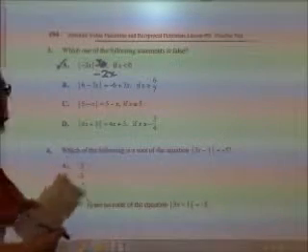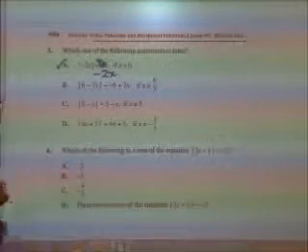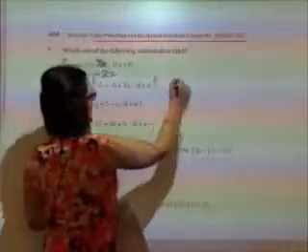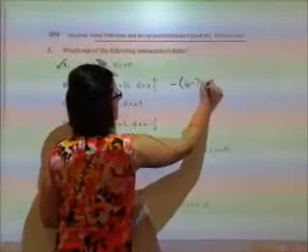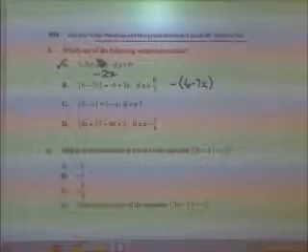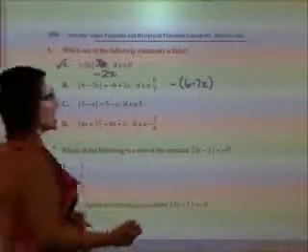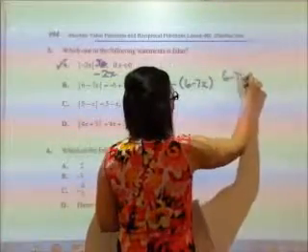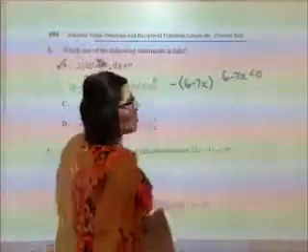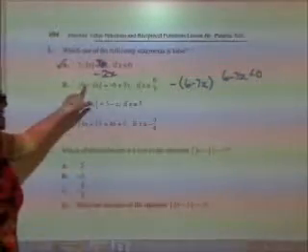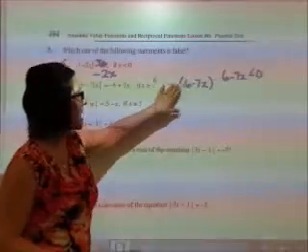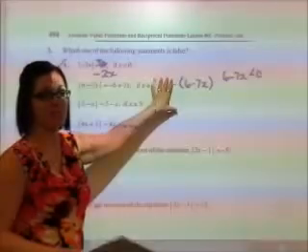The absolute value of 6 minus 7x equals negative 6 plus 7x. So that's taking that and multiplying it by a negative, which I would do if this was less than 0, if it was a negative value. Because if this was a negative, when I multiply it by a negative, I get that positive.